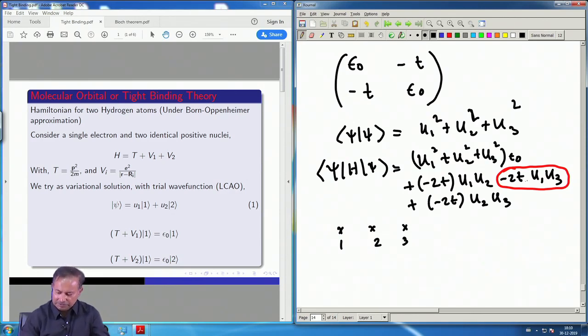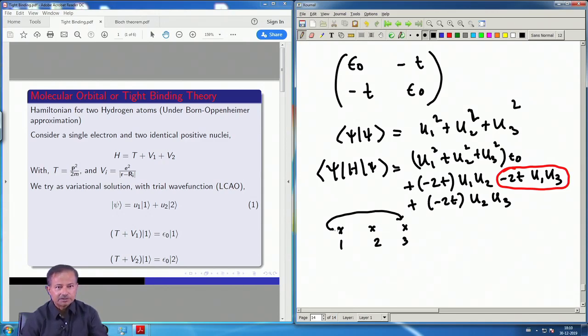Now, the term under the red circle implies that there is an overlap between this and this, right. Now, that overlap, in the way I have drawn the lattice, is missing, because the factor t is only between nearest neighbors, right.